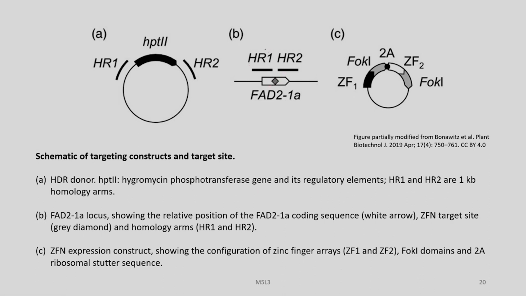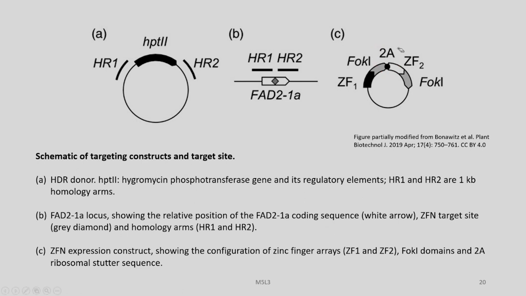And these are the homology arms 1 and 2 flanking this particular region. Then this is the ZFN expression construct. I hope you remembered about the 2A sequence that we discussed in the last class.